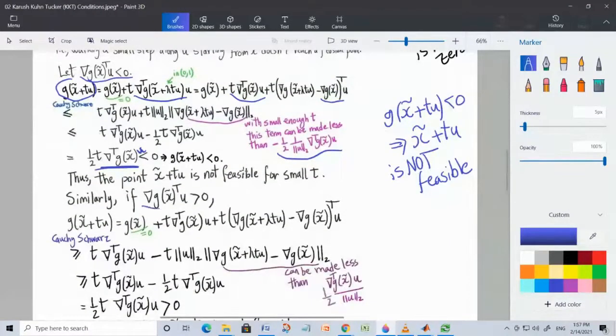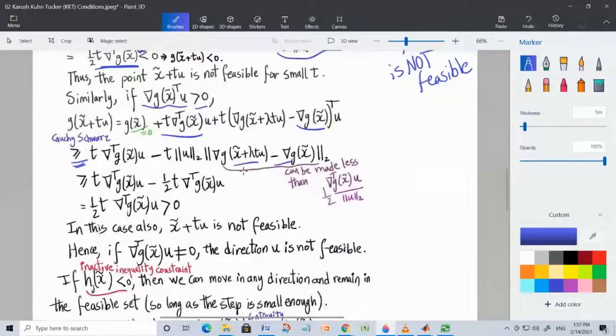Now, suppose that the inner product is positive. Same thing. You start with Taylor. You add and subtract this term. Now, you use Cauchy-Schwarz, but now you lower bound the inner product by minus the product of the L2 norms.